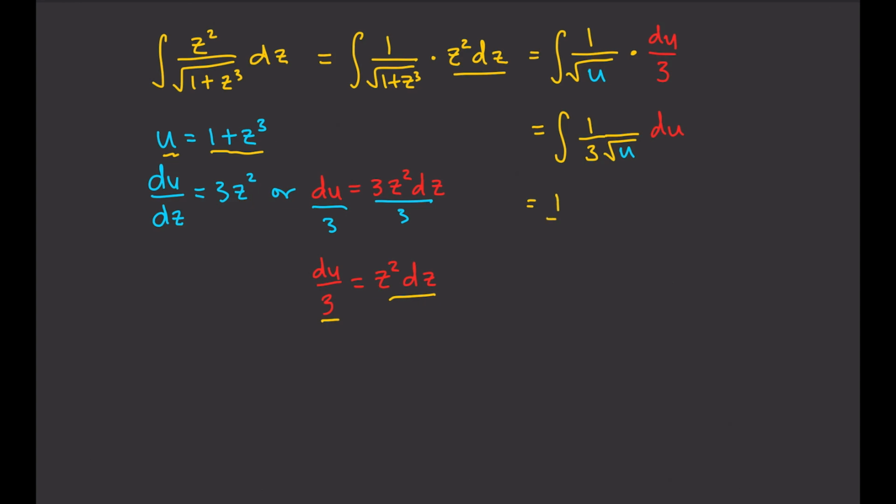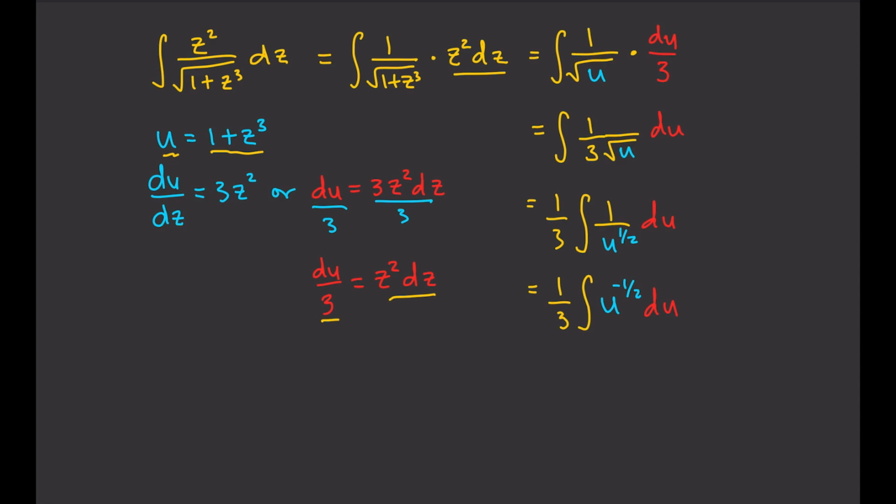So that's 1/3 antiderivative of 1 over square root of u. Square root of u is u to the 1/2 du, which again can be written as 1/3 antiderivative of u to the power of -1/2. We're putting it in the numerator, du.